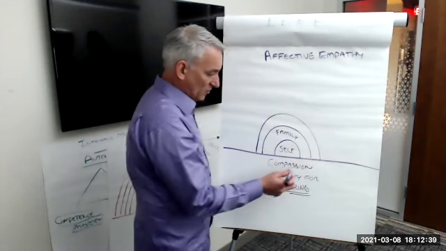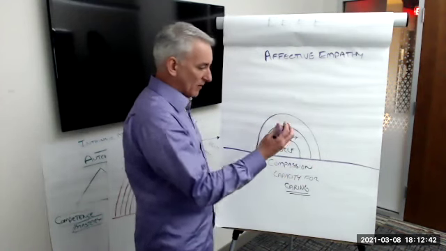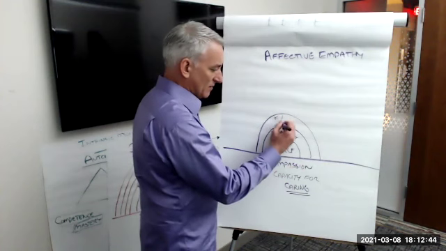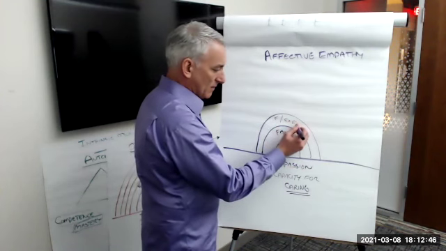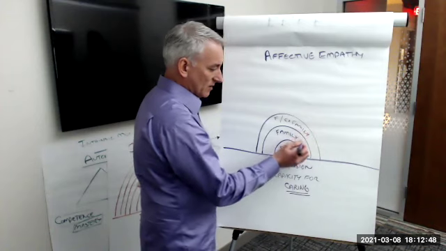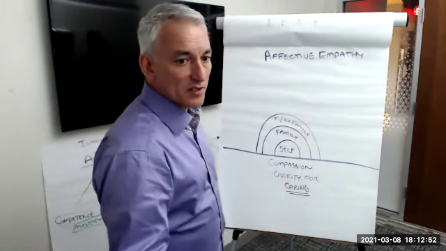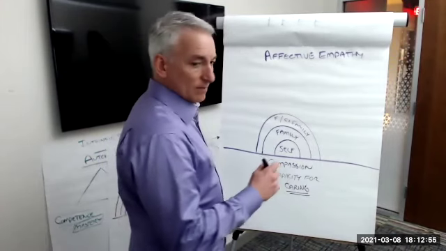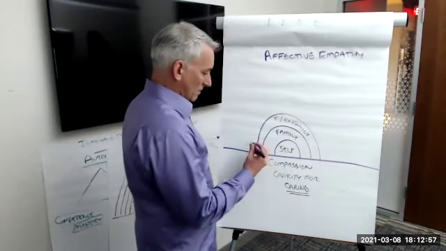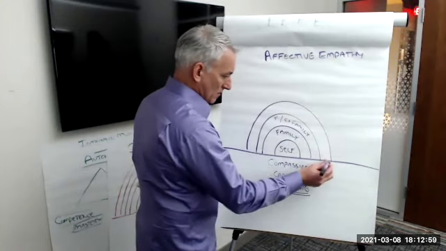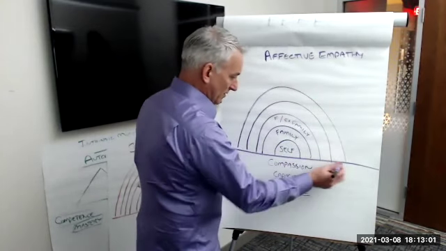And as you go through life, your spheres of who you care for expand. Your friends, your extended family, just like the spheres of influence. Your neighbors, your community, whatever.